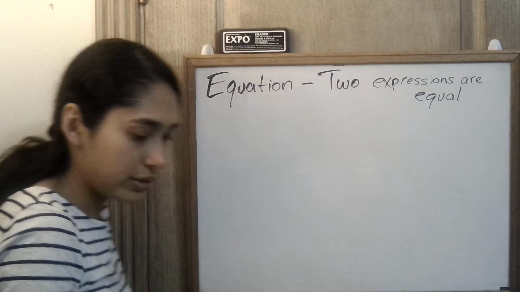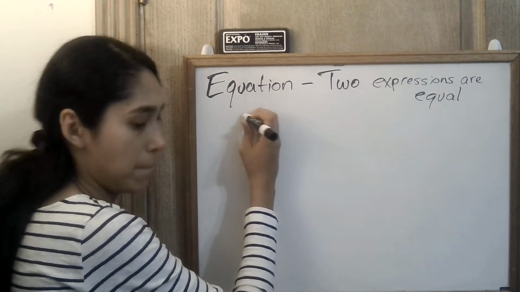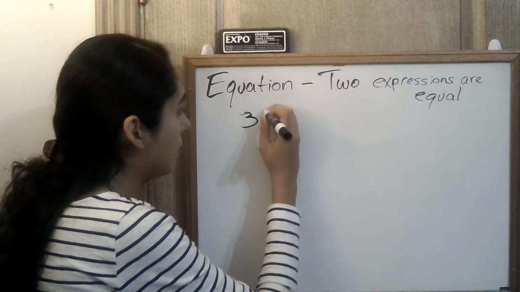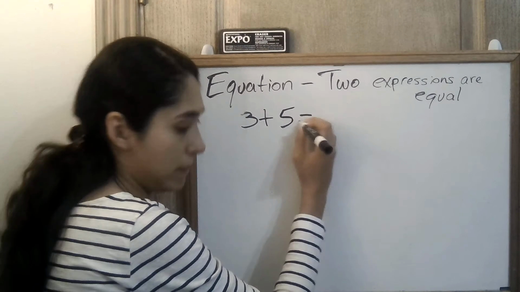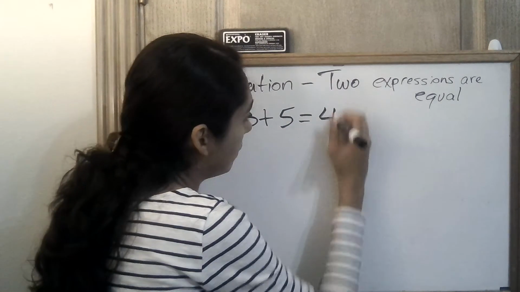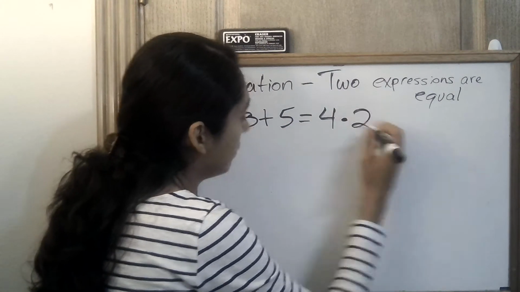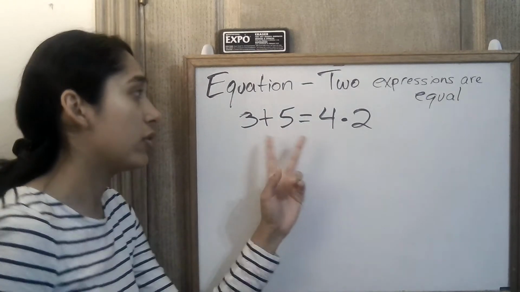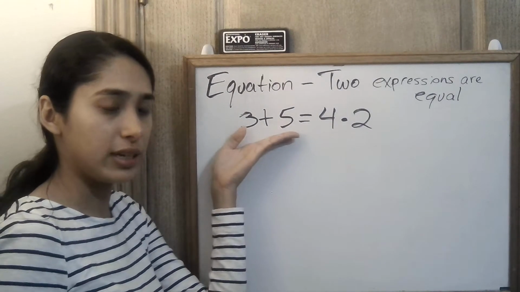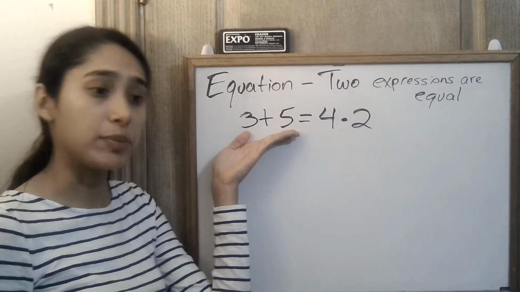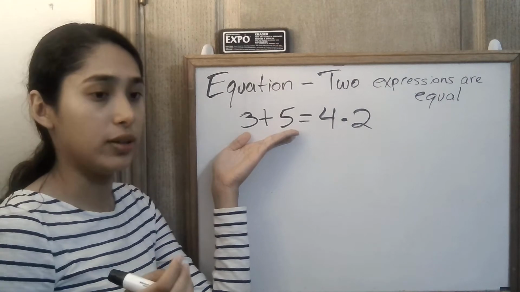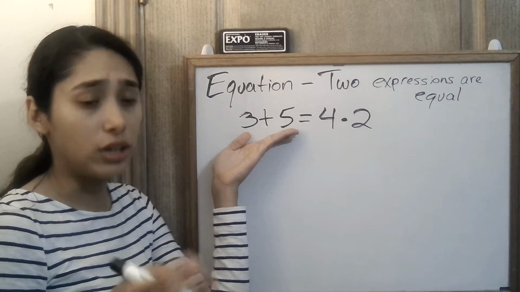So here's an example. This is an expression, what we have on the left side. Remember how we said expressions can have variables, coefficients and constants.